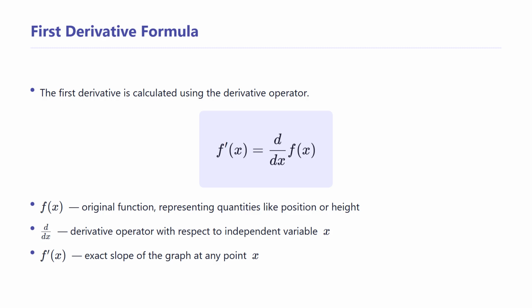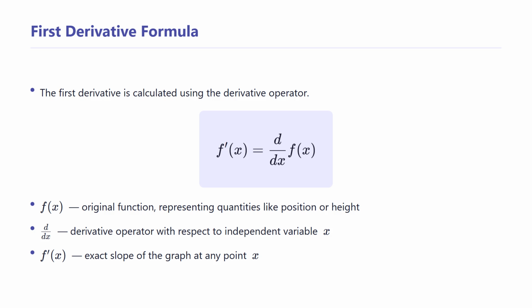Now that we understand what the first derivative represents conceptually, let us look at its mathematical form. The formula shows the derivative operator, d by dx, applied to our original function, f of x. This operation produces a brand new function, f prime of x.